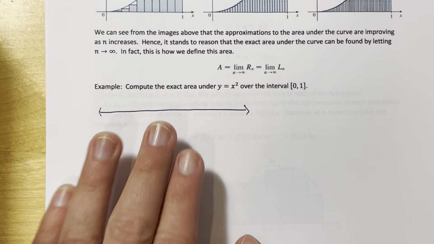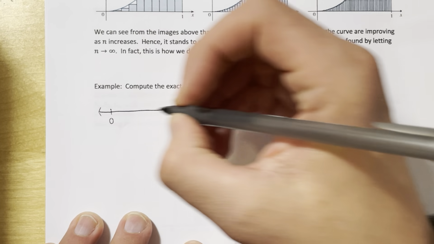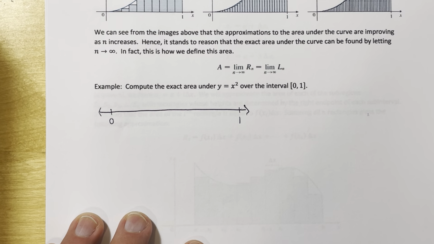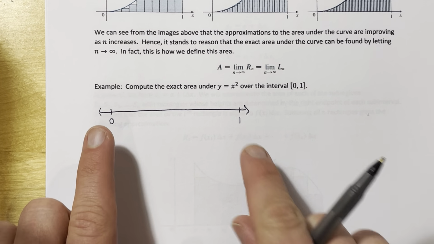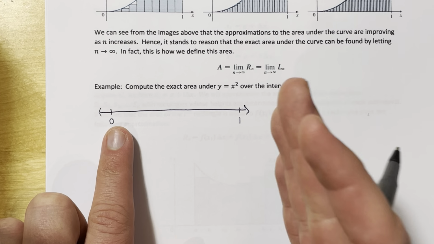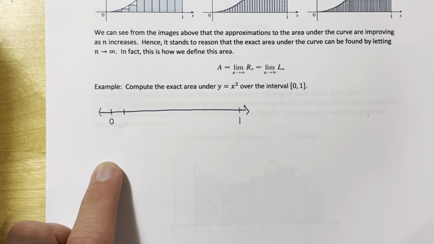This is my x-axis. I'm only going to look at the x-axis for now. Let's suppose we wanted to find those rectangles over the interval from 0 to 1. If I take this interval and I chop it up into n subintervals, what would this next endpoint be?